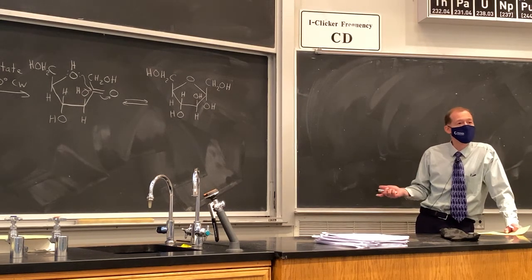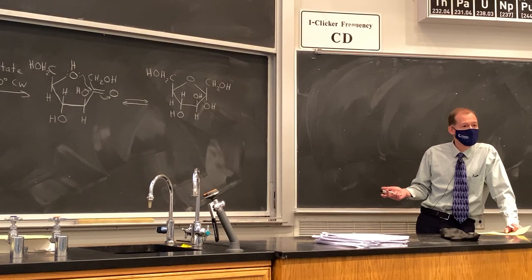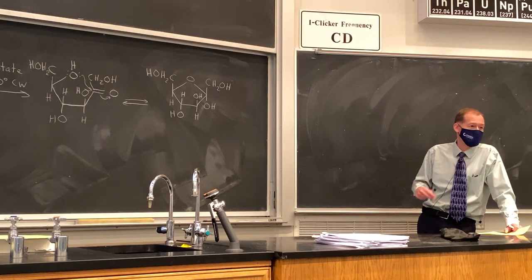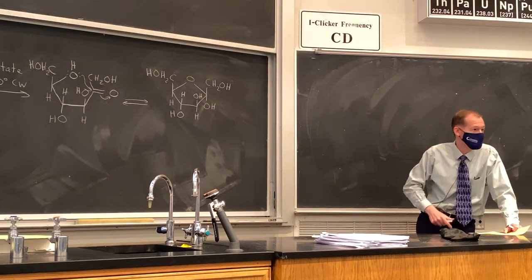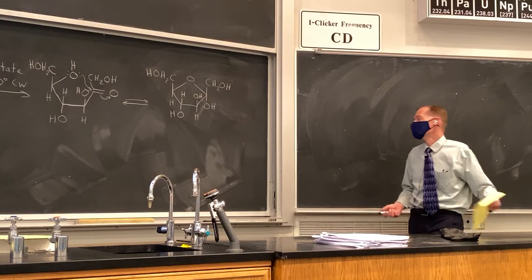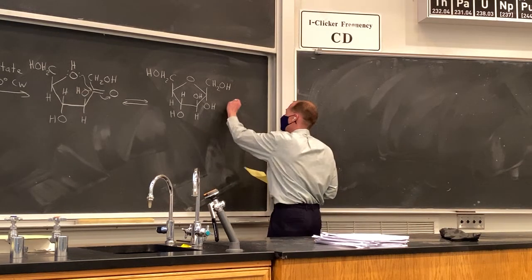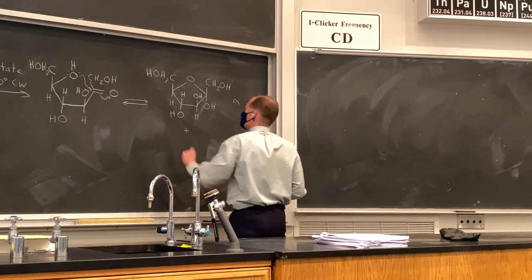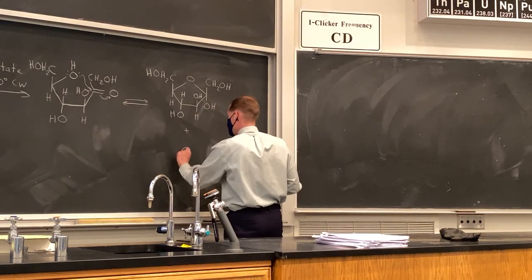But how many oxygens are attached to the anomeric carbon? 2, exactly. The anomeric carbon is the only carbon in a monosaccharide with 2 oxygens attached. So that's how you spot it in a monosaccharide. So this one is alpha D-glucofuranose. And then we'll draw the beta anomer down below.